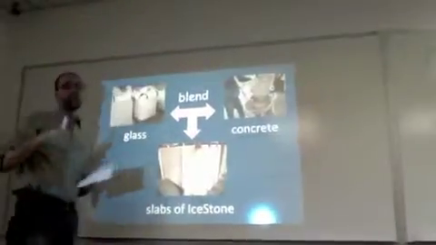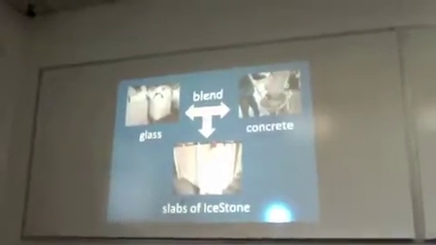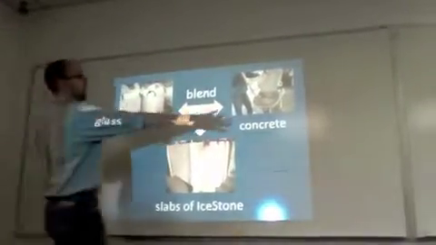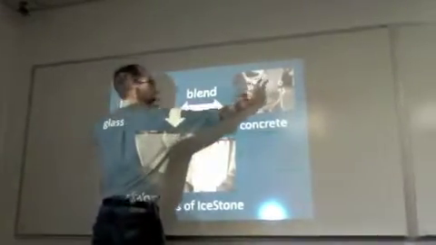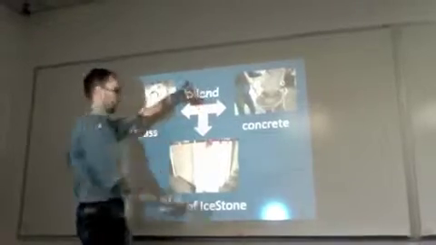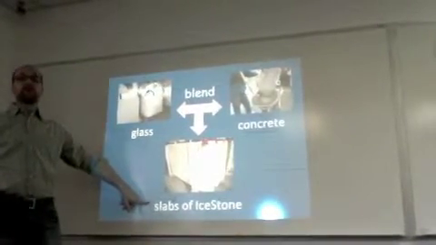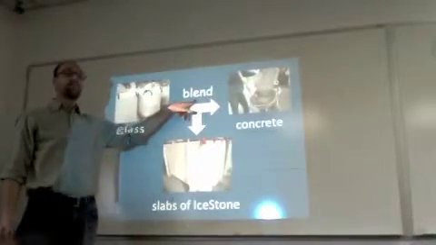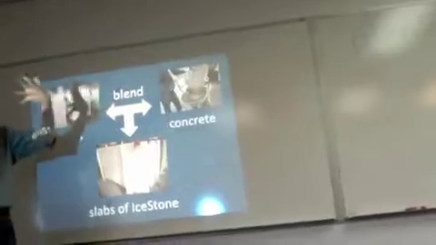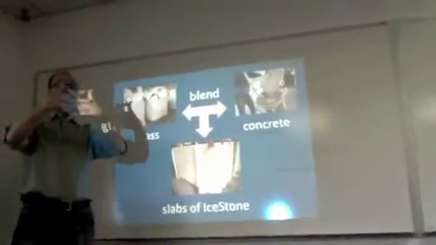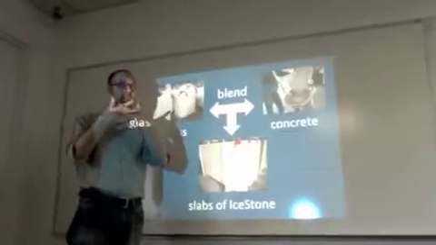So when we blend them together, you take the concrete on this side, the glass on this side, you blend them together, you get what? Slabs of ice stone, right? So the word to blend means to take two things and blend them together. That's what you do every day downstairs. You blend concrete and glass, right?